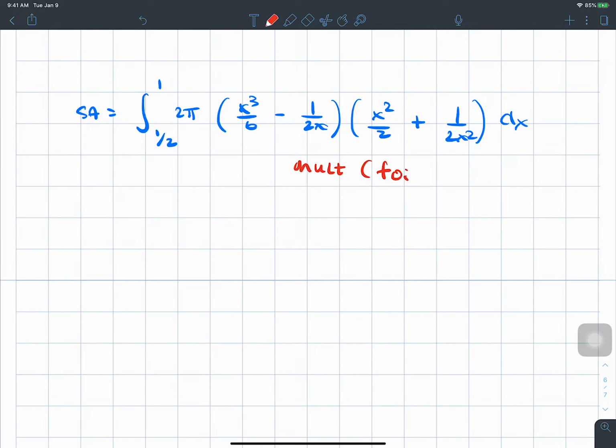So we integrate from 1/2 to 1. You can factor out the 2 pi. Now our first terms are going to be, if we multiply, looks like it's going to be 1/12 x to the 5th. Outer terms, if you want to do FOIL, outer terms now, looks like it's going to be plus 1/12 just x.